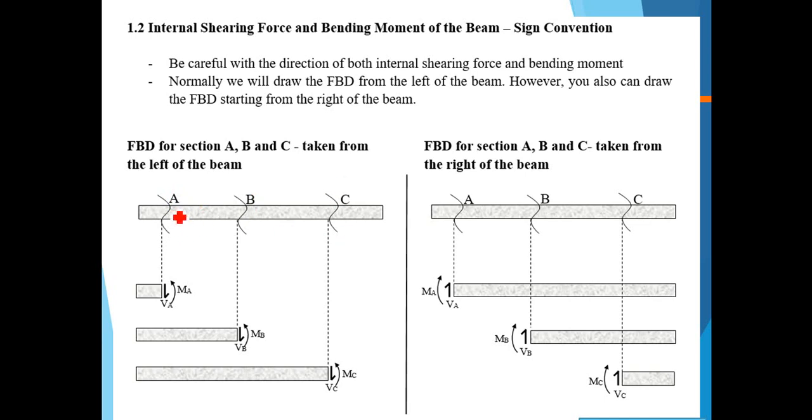Let's say we do sectioning at point A, and then we take the left part of the beam. So we do the sectioning at point A, and then we analyze the left part, which is here.